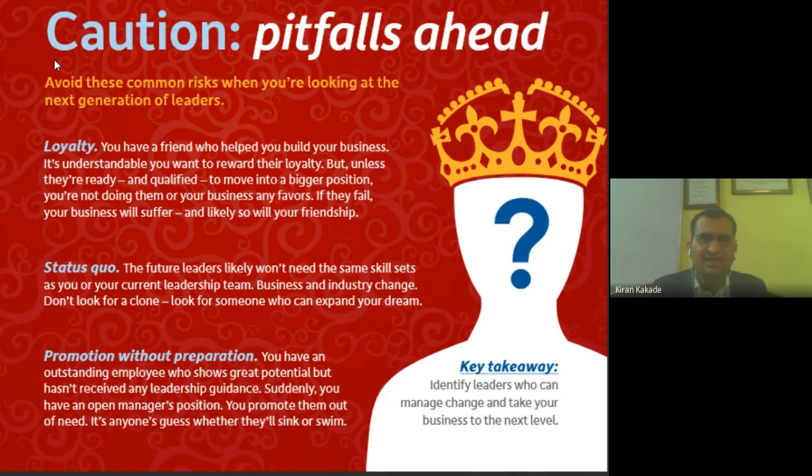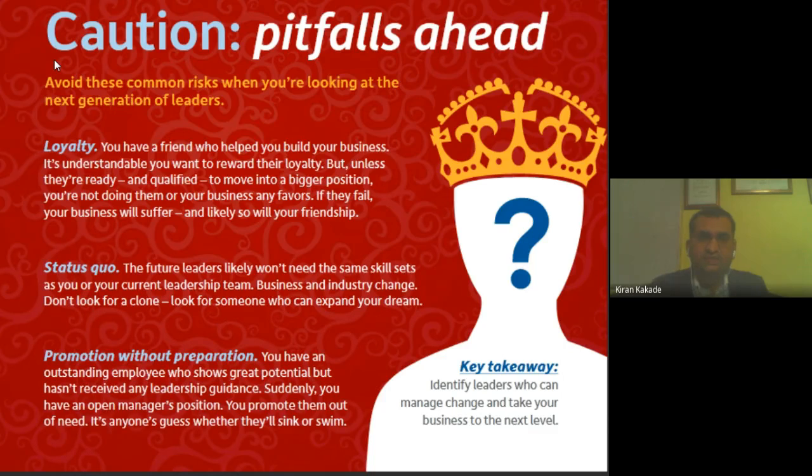Once you identify the critical role for your organization, you build a competency model for it, and then compare that competency model with the potential employees. You need to identify what competency that person has. If there is a gap, or that person is not up to the mark on the required competency, then you need to reject that person. That is the loyalty pitfall you need to take care of.